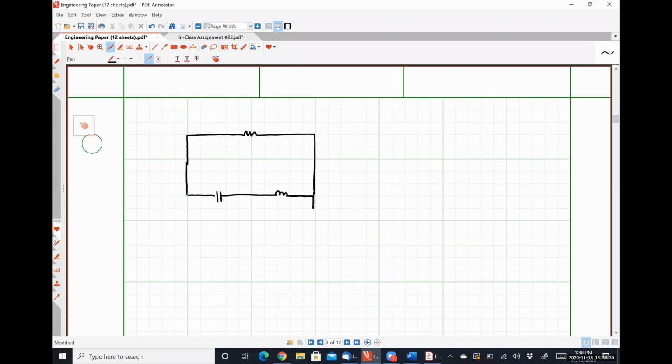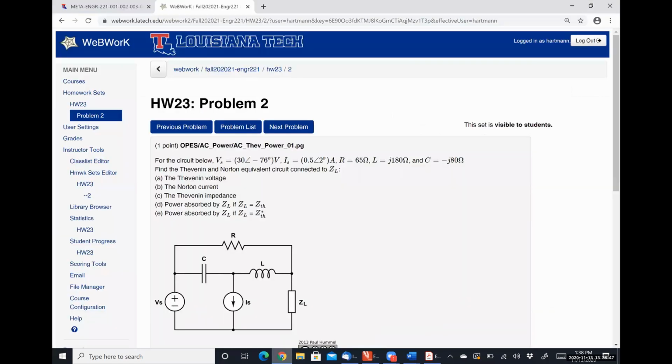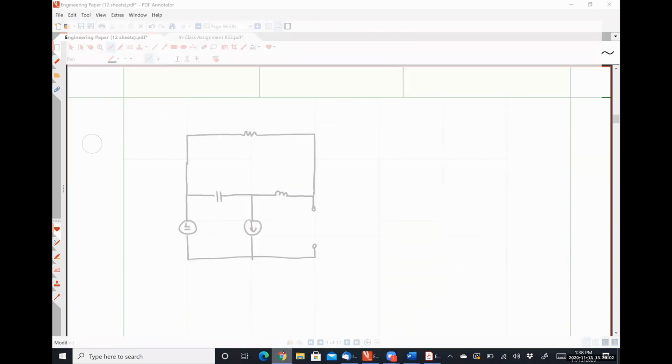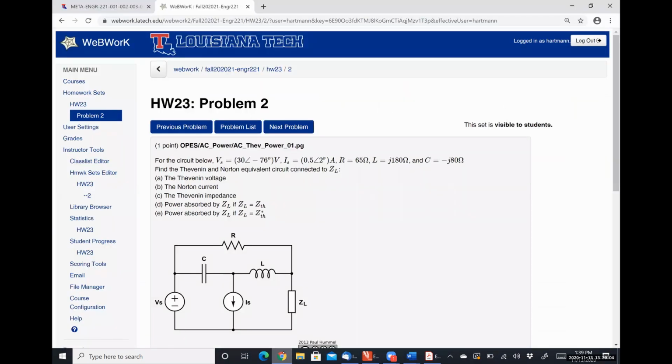Here's where my impedance ZL is going to be disconnected, because we're trying to find the Thevenin equivalent with respect to it. Voltage source, current source down. And let's see, 65, J180 minus J80.